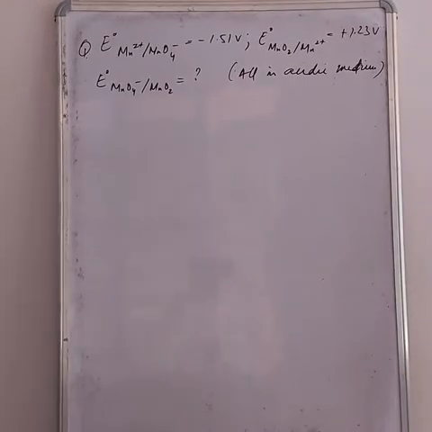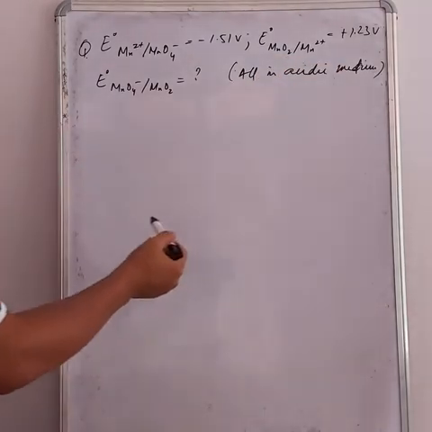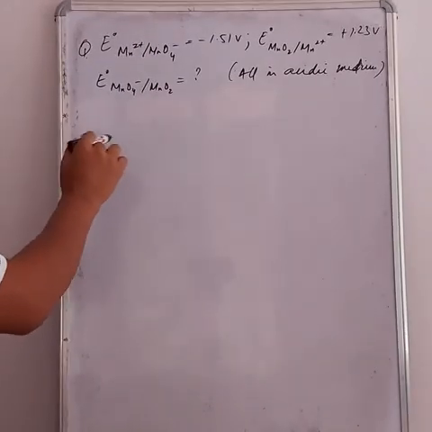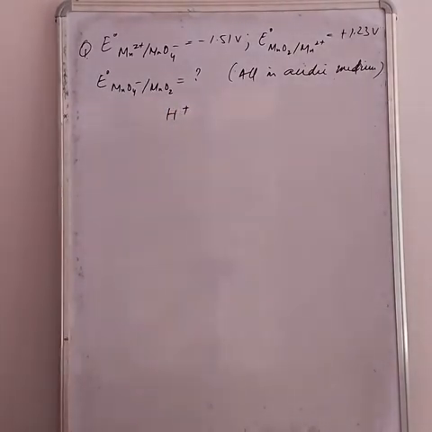So here is another example. You can try this one. And the catch here is it's in acidic medium, which means that in order to balance the redox reaction, you know what to use. You have to use H plus, alright, in your mind.